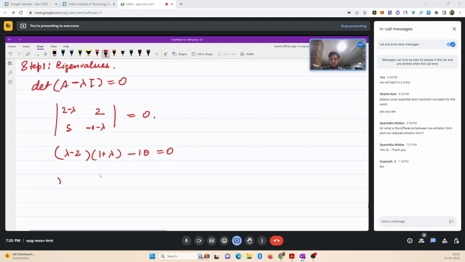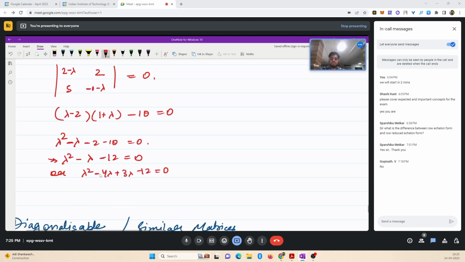Let's simplify it and solve it. So this is lambda square minus 2 lambda plus lambda, and minus 2 minus 10 is equal to 0. This is lambda square minus lambda minus 12 is equal to 0, or this is lambda square minus 4 lambda plus 3 lambda minus 12 equal to 0. This implies lambda minus 4 into lambda plus 3 is equal to 0.